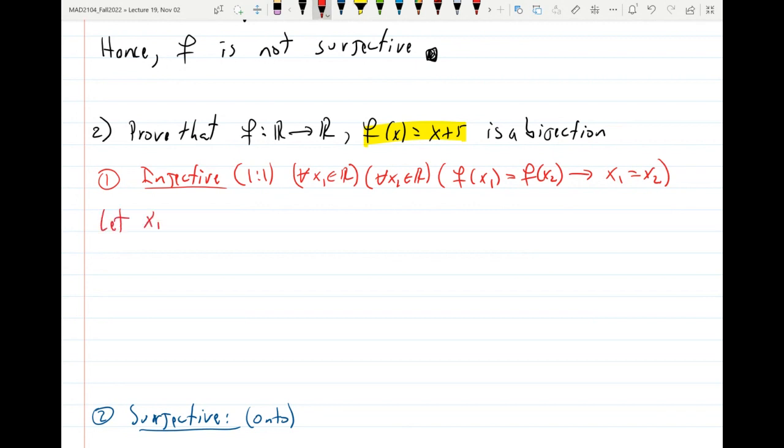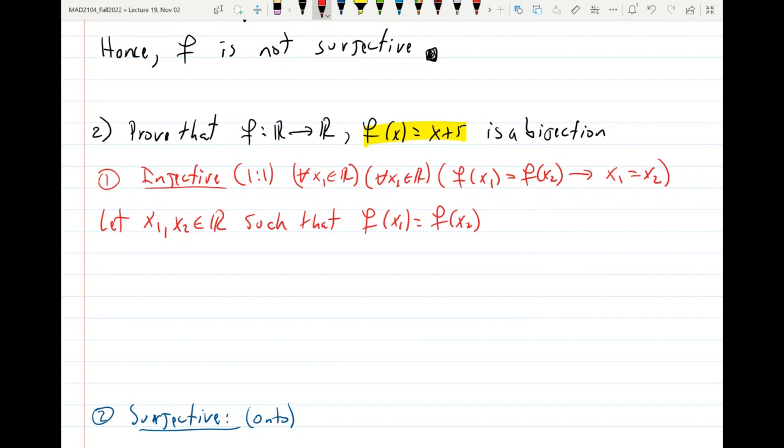So let x1, x2 be real numbers such that f of x1 is equal to f of x2. Okay? So we take a pair of numbers that gave us the same output. Our job now is to show that the inputs actually were the same to begin with. Okay? So the reason why this is very easy to work with when the formula is given is that now all you have to do is put the formula and do algebra.